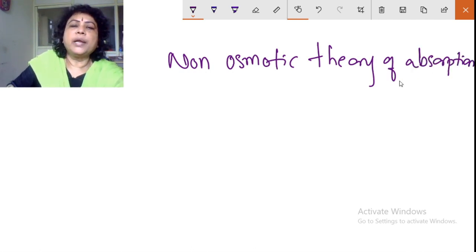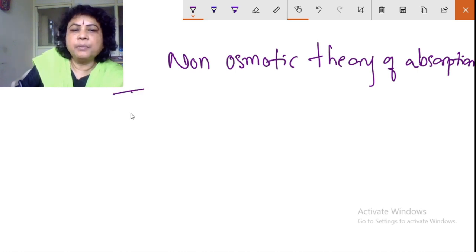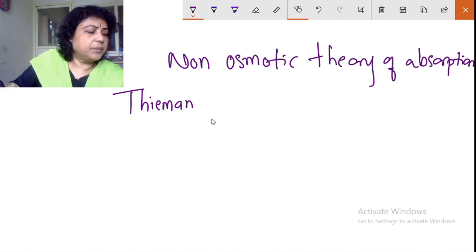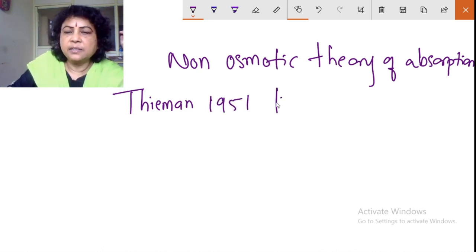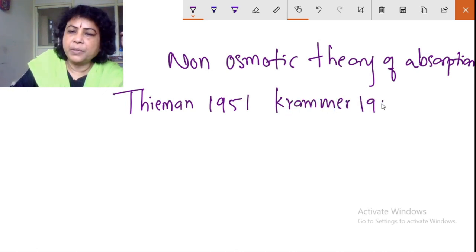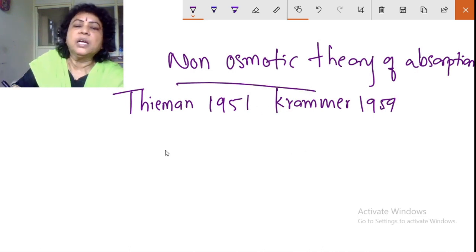Okay, so this theory was given by Thimann in 1951, as well as the scientist Kramer in 1959. They proposed this theory, which is known as the non-osmotic theory.